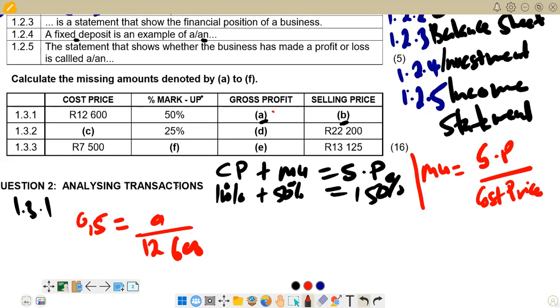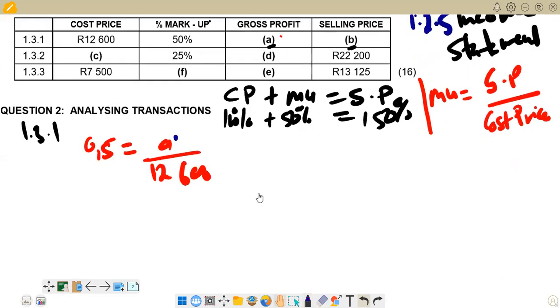So to find our A here, we are now making A the subject of the formula. We can simply say A, we leave it this side, then we multiply by 12,600 on both sides.